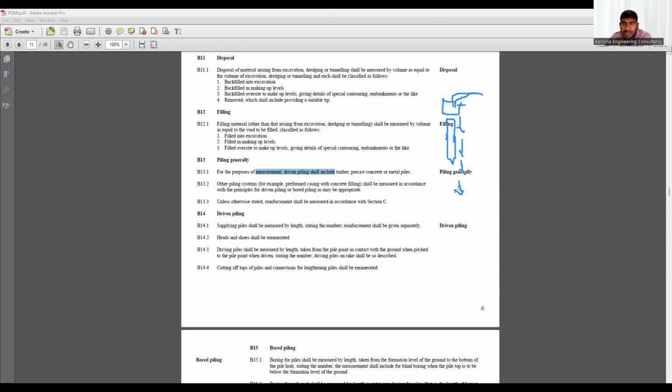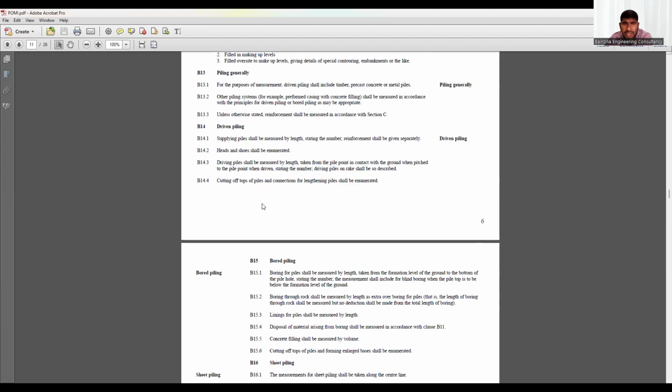This kind of pile is normally used as a temporary system. Sometimes in the oil and gas sectors and some temporary metal piling systems, they used to do that. In building construction, it's not much in use, so we don't need to worry about that.